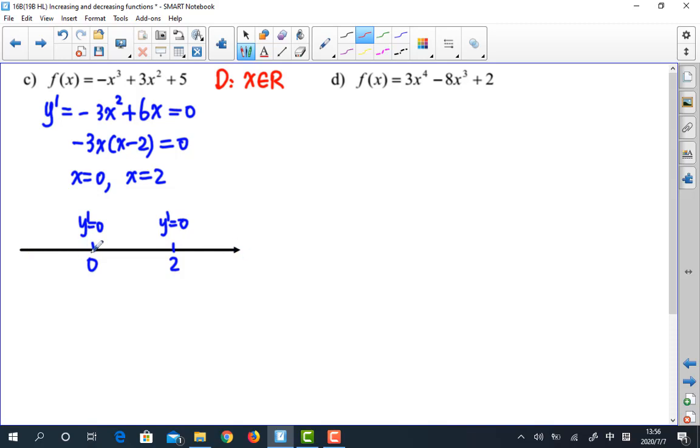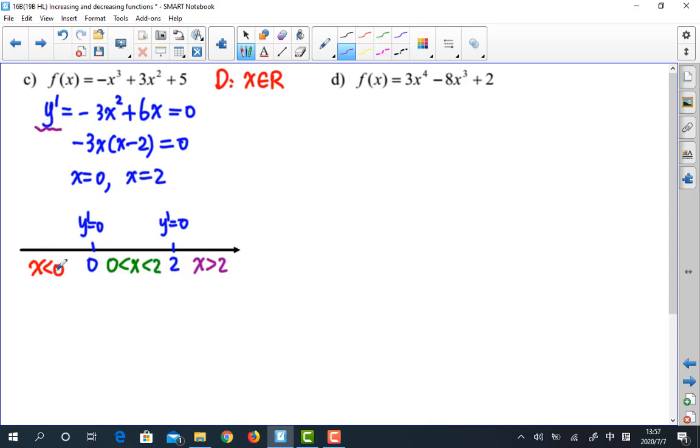So 0 and 2 can chunk negative infinity to positive infinity into 3 intervals. This interval should be x is less than 0. This interval is x is between 0 and 2. And this interval is x is greater than 2. So then you pick up a value from each interval to test the sign of y prime.